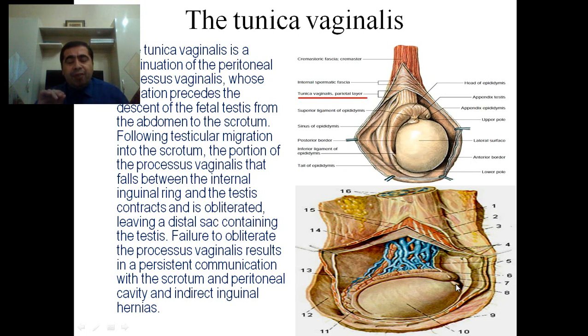It is a derivative of the paramesonephral or Mullerian duct. During our last lecture, which was devoted to the development of urinary organs, I told about the Wolffian duct and the Mullerian duct, or the mesonephral and the paramesonephral ducts.